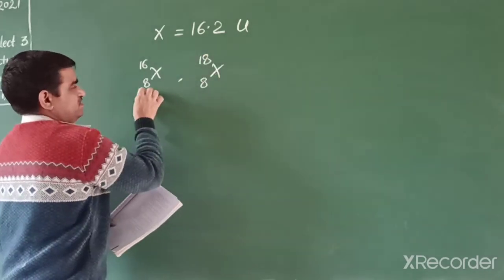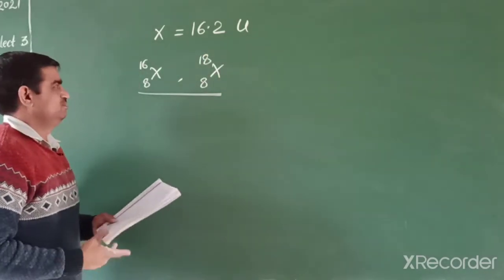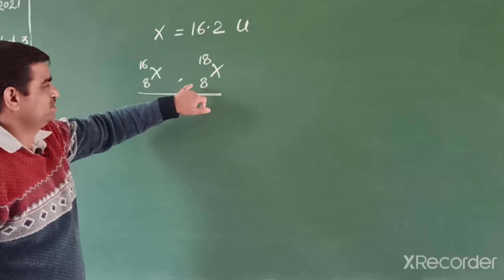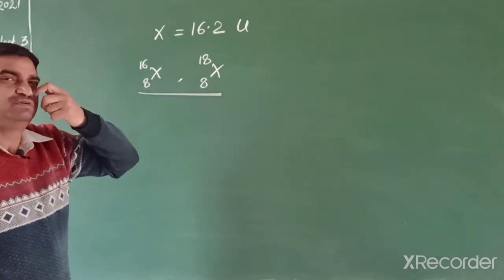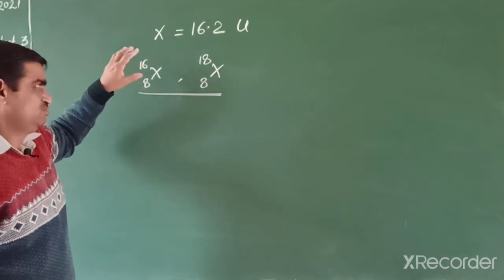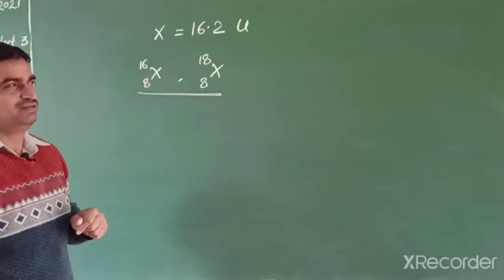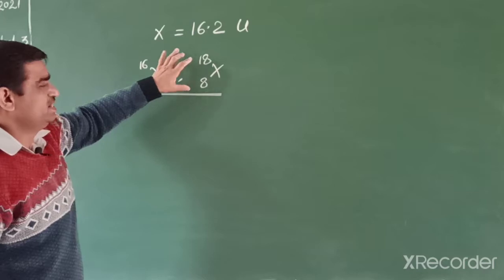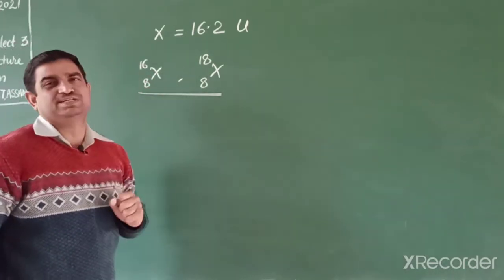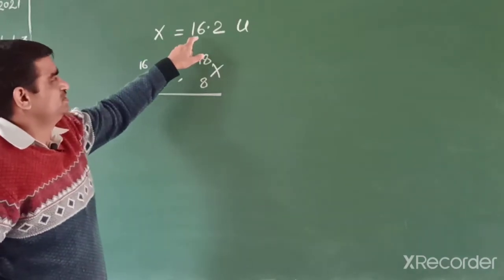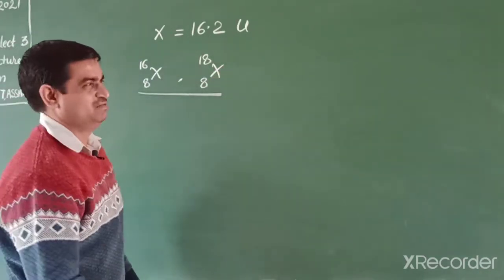Students, do you know which element has atomic number 8? We know oxygen has atomic number 8. So definitely this element is oxygen. But we have to find out which isotope is found in which percent in nature, because the total mass is given as 16.2 unified mass.